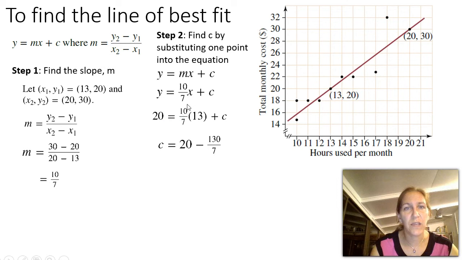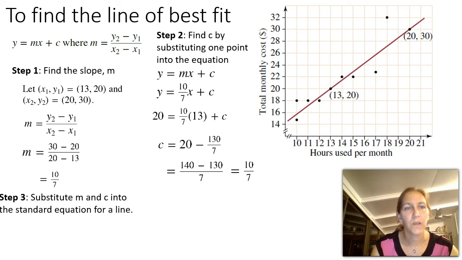So we bring the 10 times 13 over 7 to the other side, so we end up subtracting it. We make that 20 into a fraction over 7, subtract the top two numbers, and we end up with 10 over 7 as well. Then we substitute m and c into the standard equation for a line: y equals 10 over 7 x plus 10 over 7.